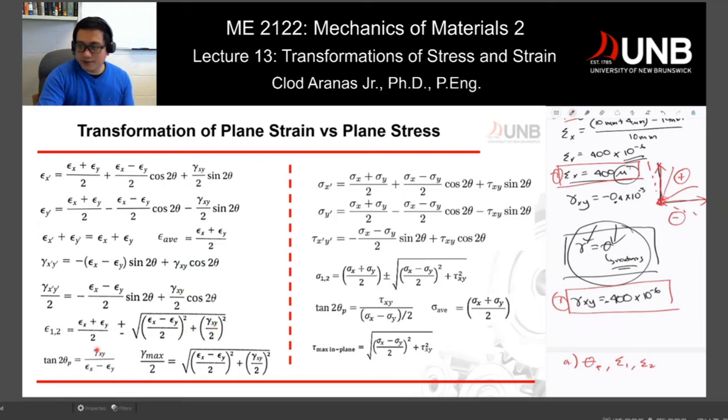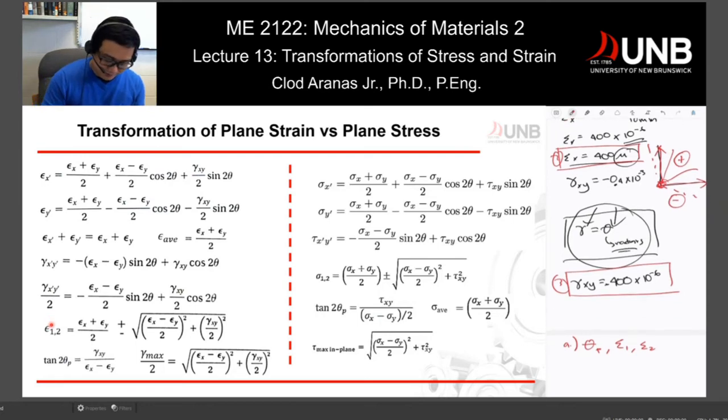I can use that equation, and then I should be able to calculate my principal strains. So let's do that. After I calculate my principal strains, epsilon 1 and epsilon 2, I can calculate theta sub p by using this equation here. I know my shear strain xy, and I know my epsilon x and y, those are given, and I can calculate theta sub p. So let's do that one.